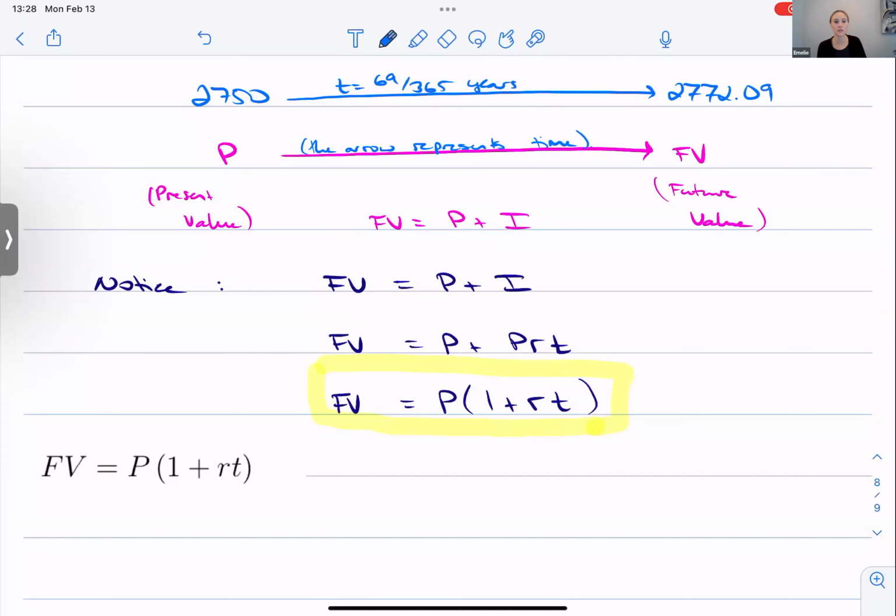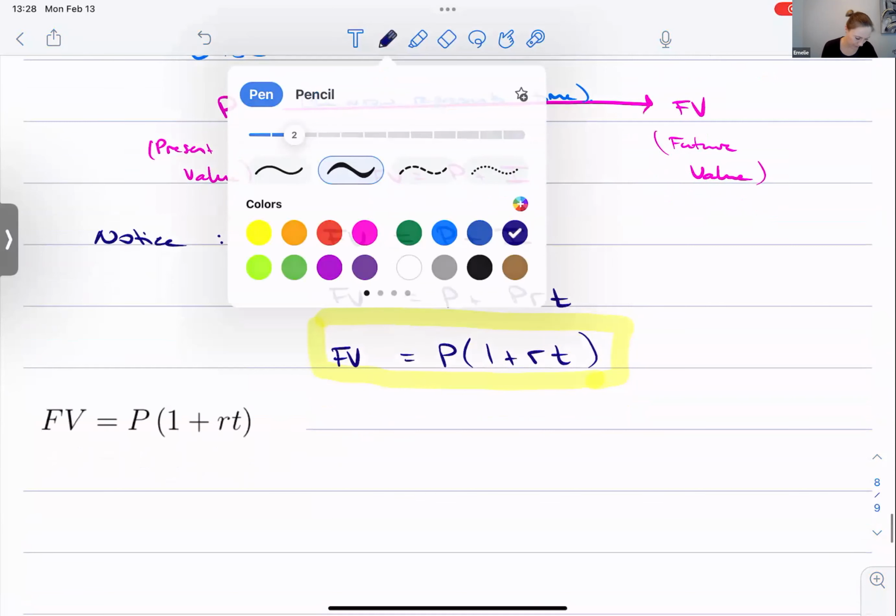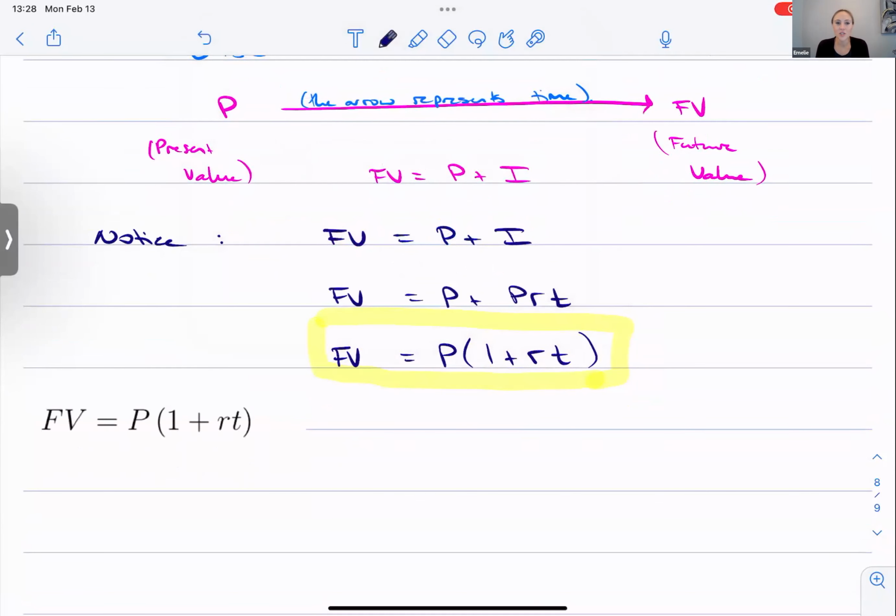Make a note of that here. After some time, there's some amount of interest that's accumulated, and that's how we get to our future value.